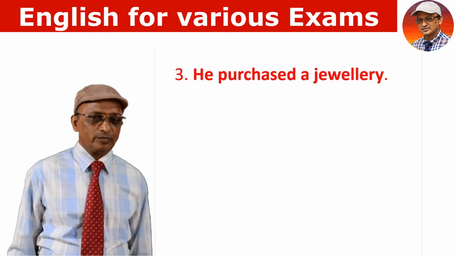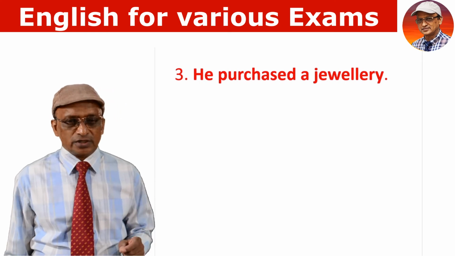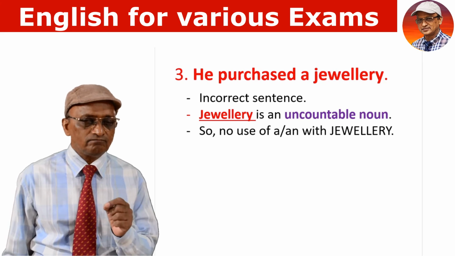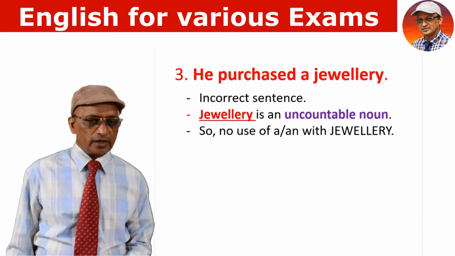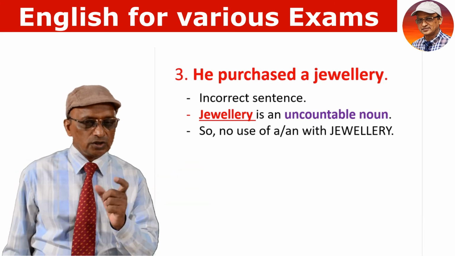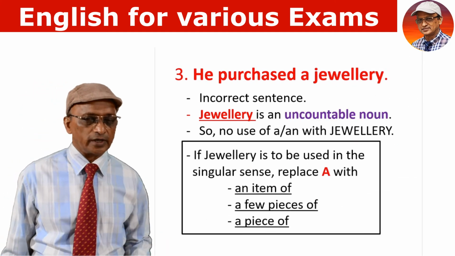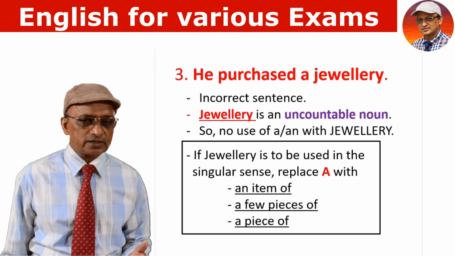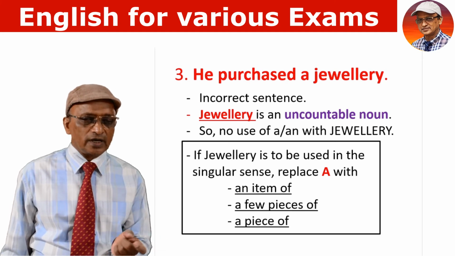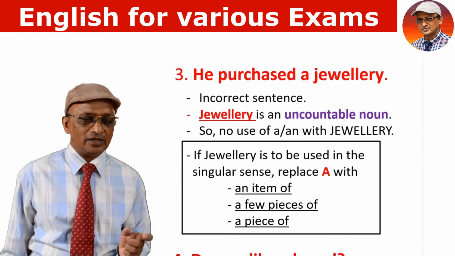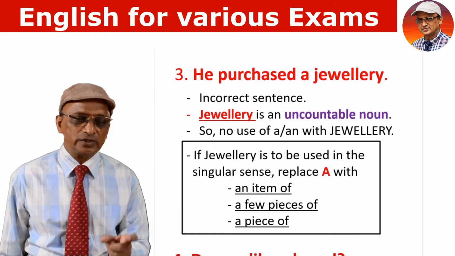Now, question number 3. He purchased a jewelry. Is this sentence correct? No. Jewelry is an uncountable noun, and with this again one article A is used. This sentence is incorrect. And what should be the correct sentence? In order to correct this sentence, we have to replace this A. And in replacement, what is the expression that is to be used?